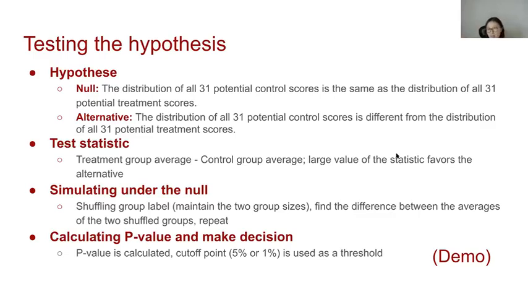The null hypothesis is saying that for all of them, whether one group is the control and the other is the treatment group, the distribution of the score is going to be similar across the two. And that's the chance model: whatever is randomly selected, the difference that we're seeing is just by chance. Whereas the alternative is saying that the distribution of the 31 potential control scores is different from that of the 31 potential treatment scores.